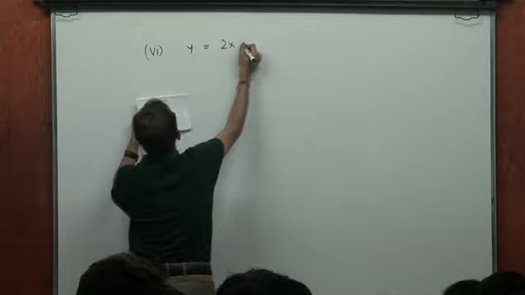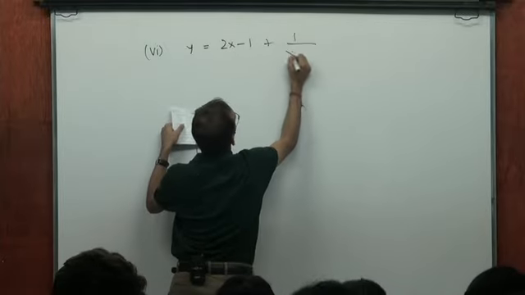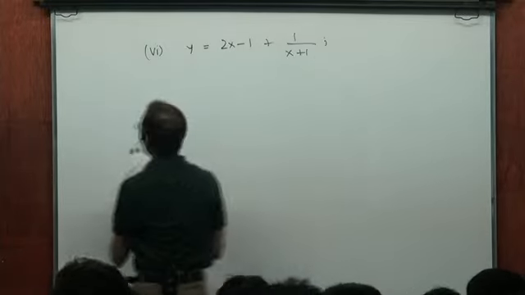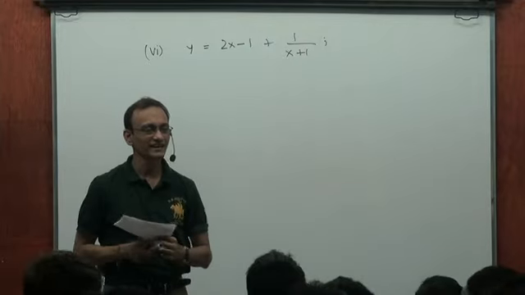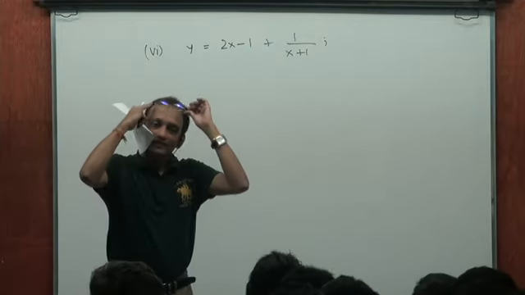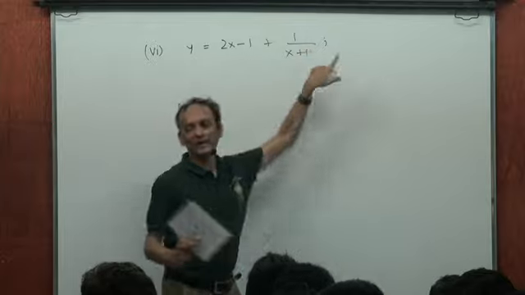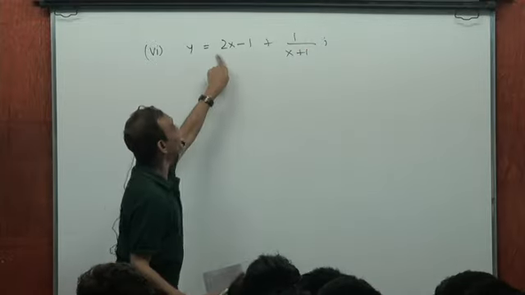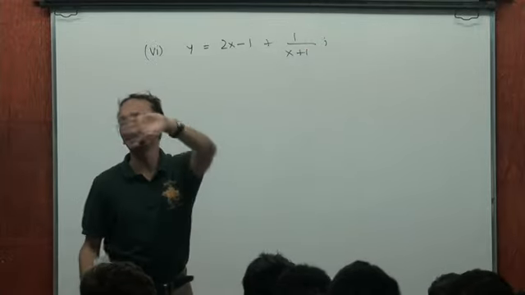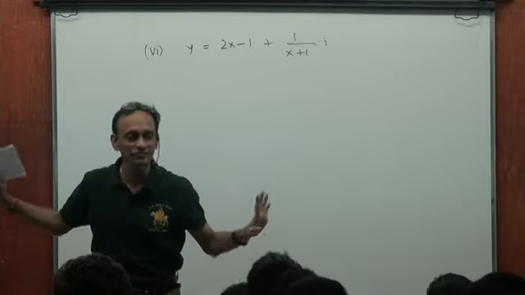y equal to 2x minus 1 plus 1 by (x plus 1). Very readily, what are the two things you could say? x equal to minus 1 is a vertical asymptote and y equal to 2x minus 1 is an inclined asymptote. Let's first draw that. What's readily available?